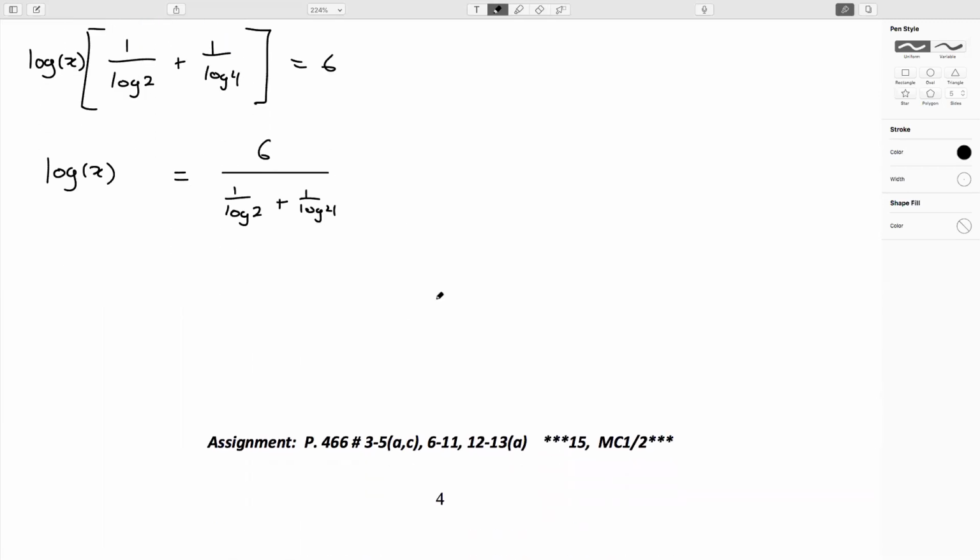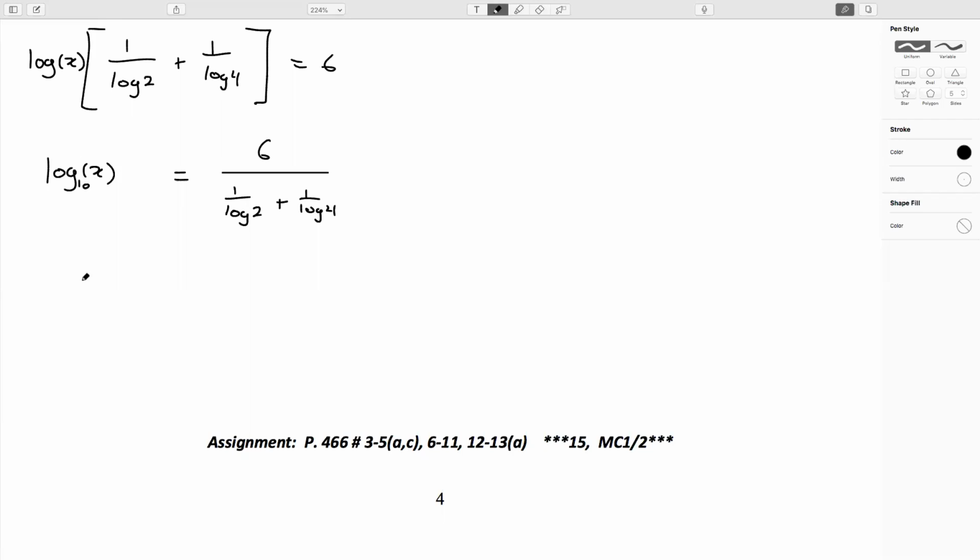This is the point where you might want to think about calculating this and turning this into a decimal, because the next equation I'm going to write is going to be quite an ugly one and something that's not going to be very easy to put in your calculator. But it is possible, it is doable. If this is base 10 and we want to solve for x, what power of the base is the argument? This is your answer.